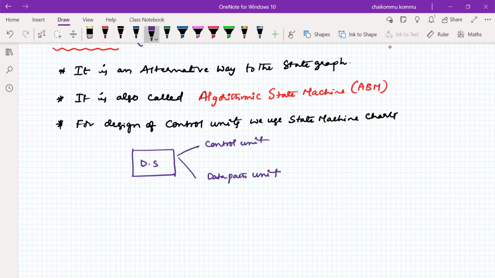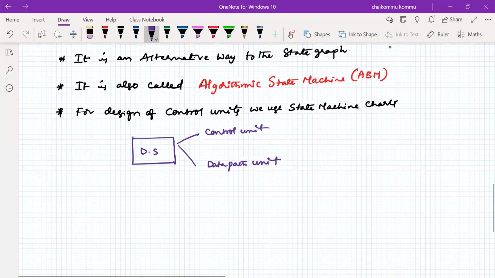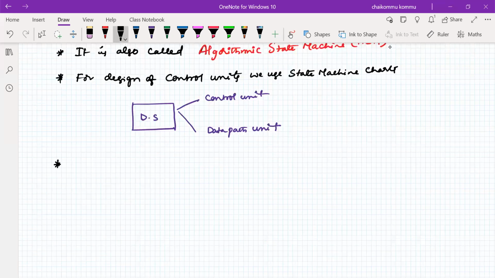Now how do we construct this? What are the conditions to draw the state diagram? So far, I have drawn the state diagrams unconditionally, but what things are taken into consideration when you draw the state graphs?